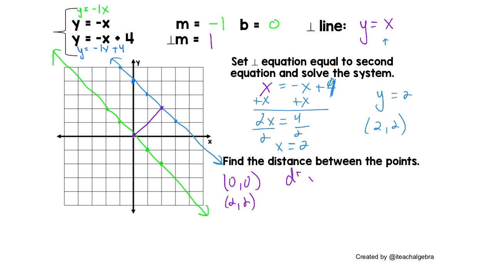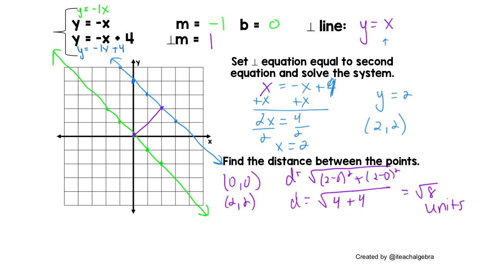So the distance equals the square root of the change in x, 2 minus 0 squared, plus the change in y. Simplify a bit, we get 2 squared is 4, plus 4, that's the square root of 8. So our distance between the two lines is square root of 8 units.